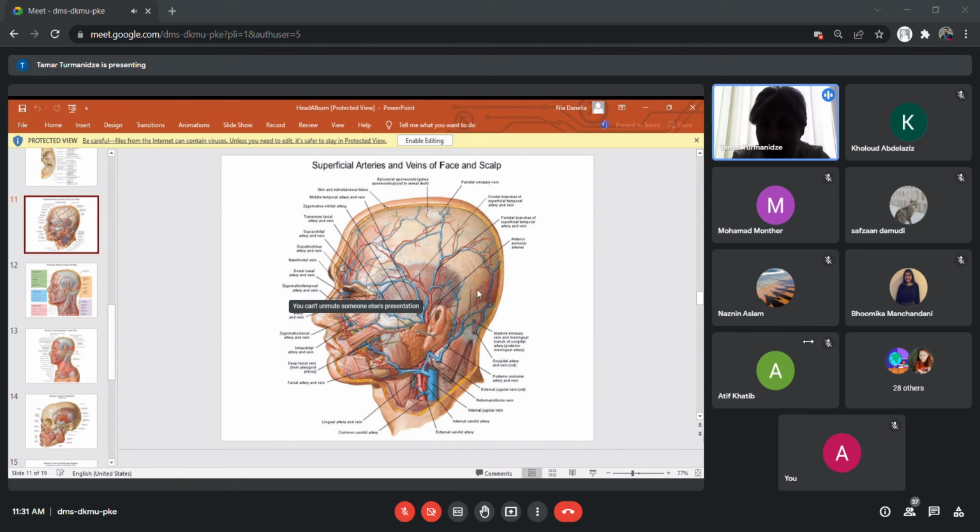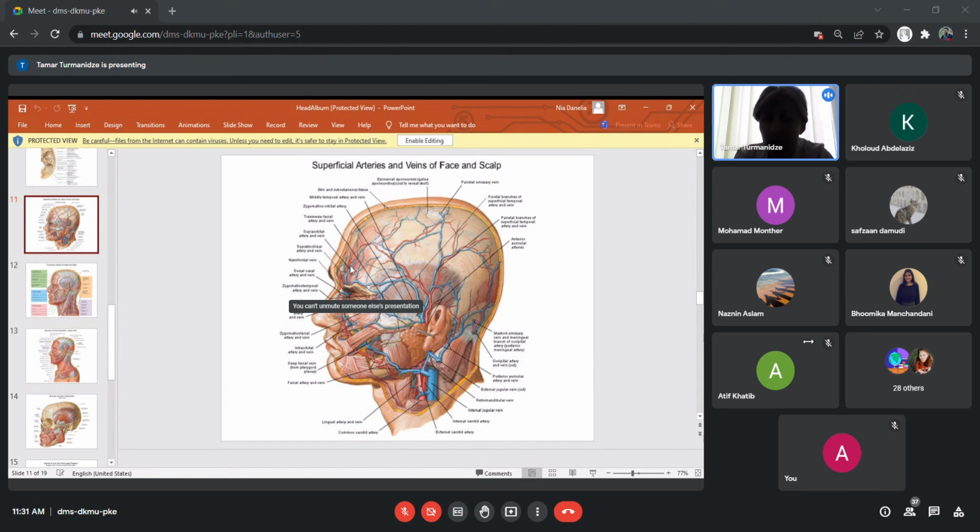The anterior part of the frontoparieto-occipital region, the frontal part, is supplied by the supraorbital and supratrochlear arteries. These are branches of the ophthalmic artery from the internal carotid artery.